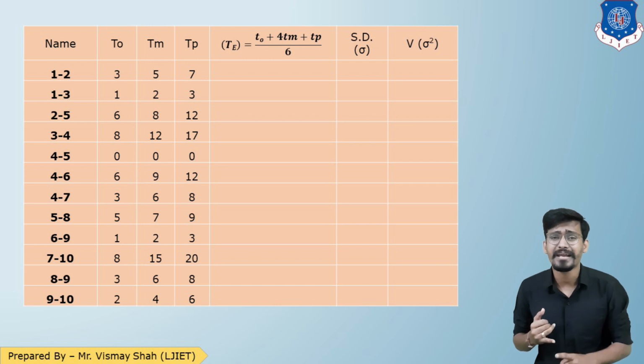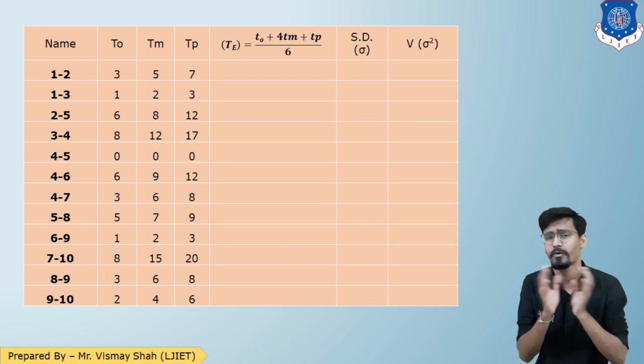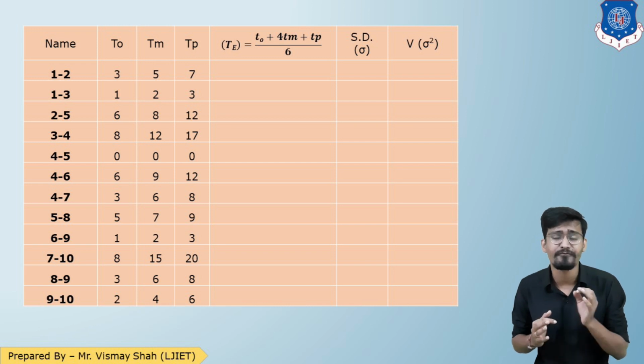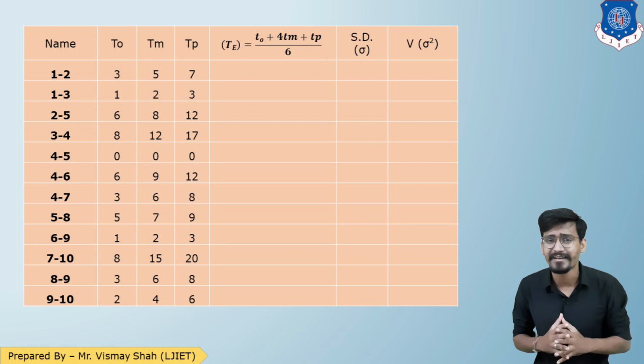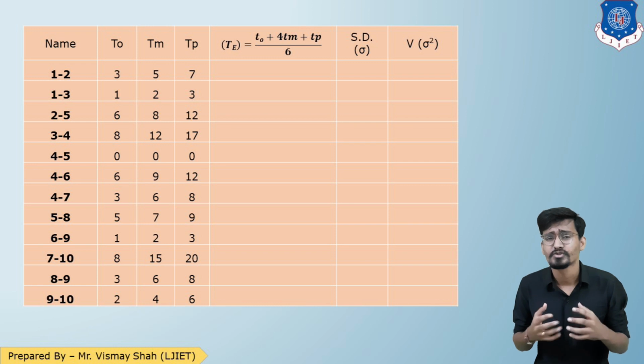Activity, TO, TM and TP are given in the network, so I have translated all the data from the network to the table. To perform forward and backward pass, our first step is to find the TE. The formula for TE is TO plus 4TM plus TP divided by 6, and we know all three values.